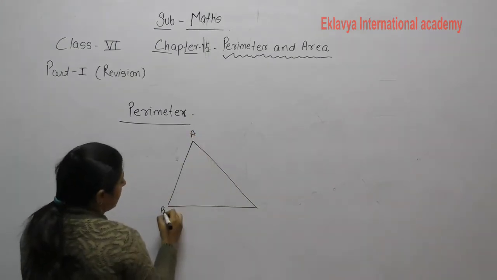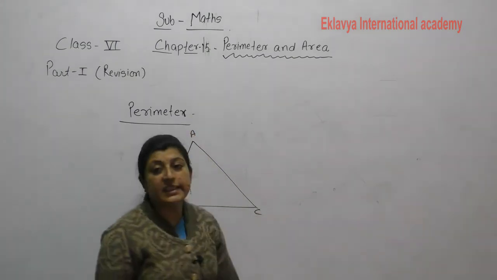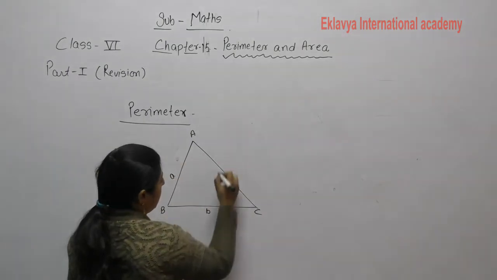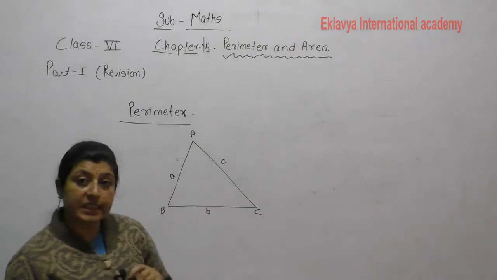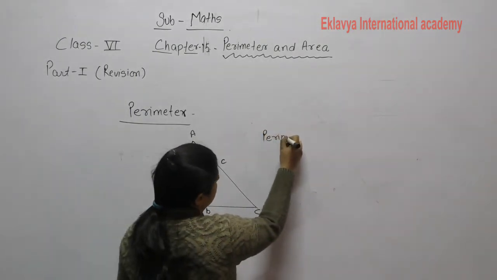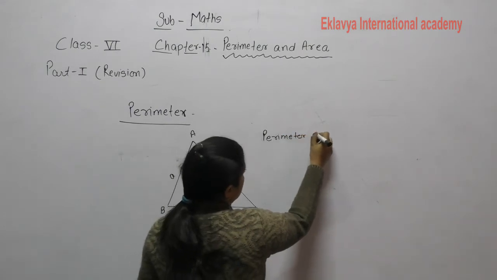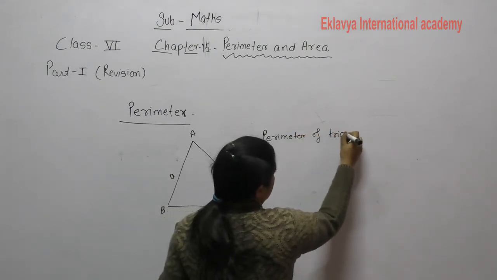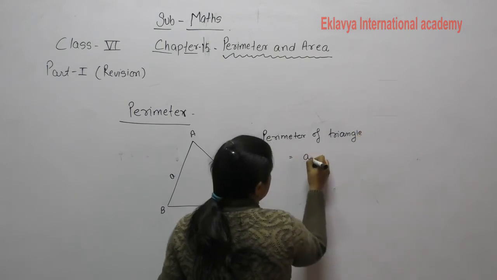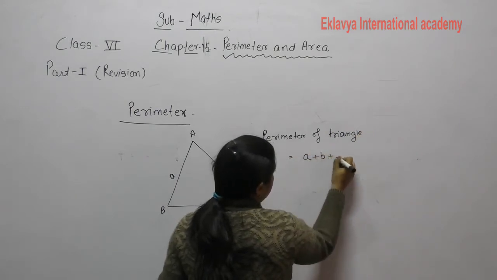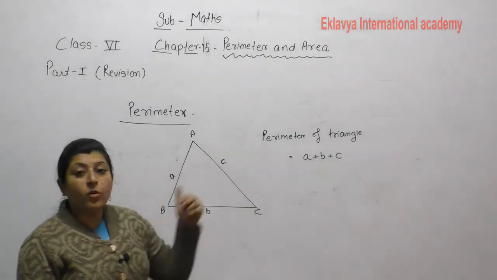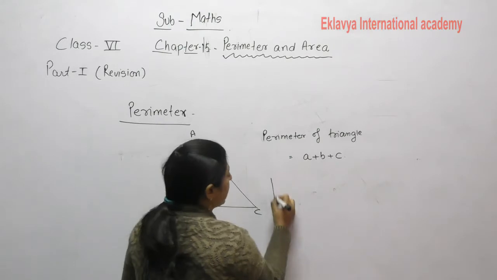In this triangle, we know that there are three sides. We can say A, B, C. There are three sides. Then what is the perimeter of the triangle? Perimeter of a triangle is equal to the sum of all sides, that is A plus B plus C. Sum of all sides.